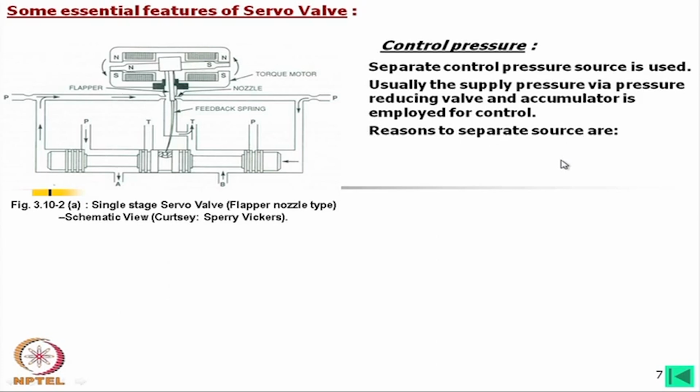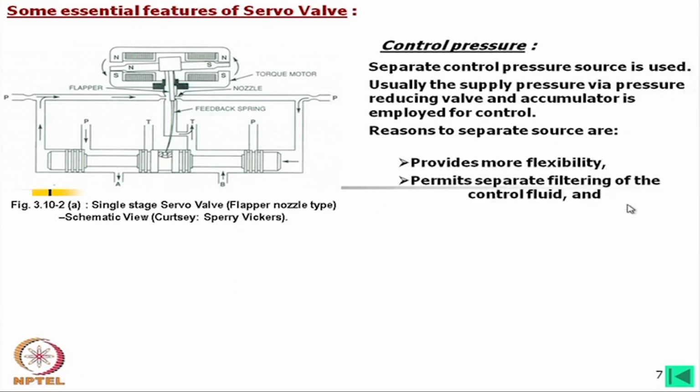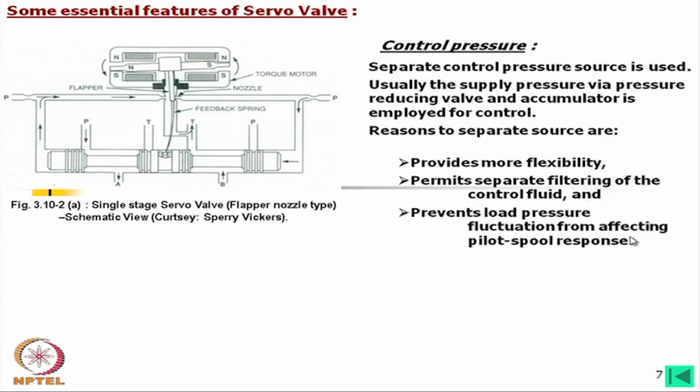The reasons for a separate source are: first, it provides more flexibility; secondly, it permits separate filtering of the control fluid; and thirdly, it prevents load pressure fluctuation from affecting the pilot spool response.